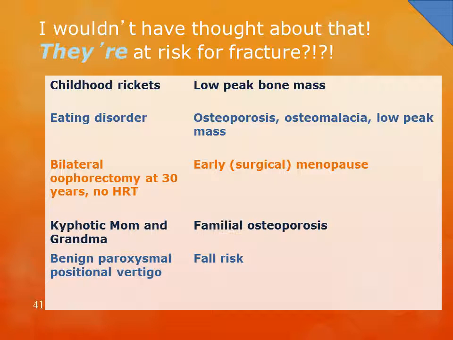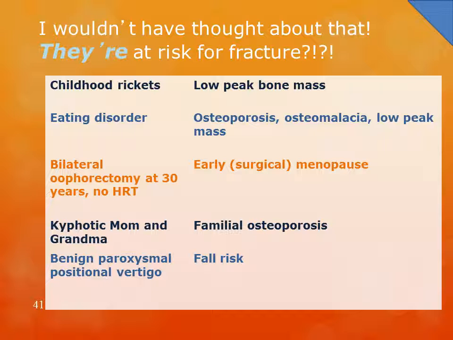So I want you to think about somebody who had childhood rickets. Guess what? They're at risk for osteoporosis because the peak bone mass that they achieved was already low. Somebody with an eating disorder, they're absolutely at risk, not just for osteoporosis, but osteomalacia. And they had a low peak mass as well.